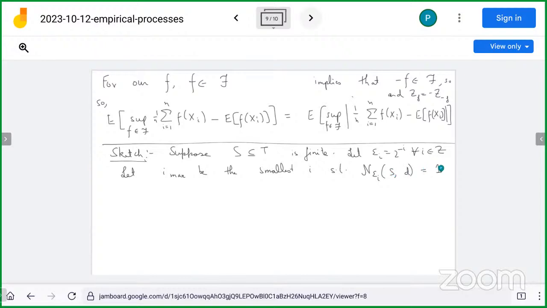And let i min be the largest i such that N of epsilon i is equal to the size of S. Okay, so these things exist.